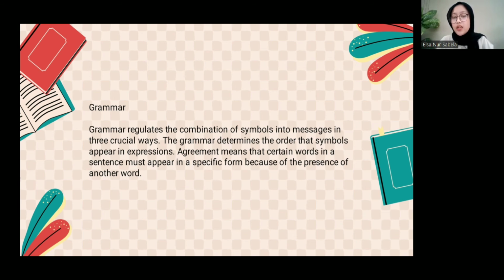The grammar determines the order that symbols appear in expressions, and agreement means that certain words in a sentence must appear in a specific form because of the presence of another word.